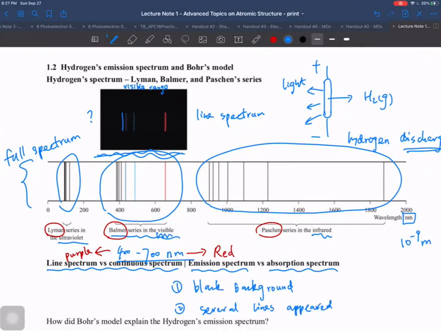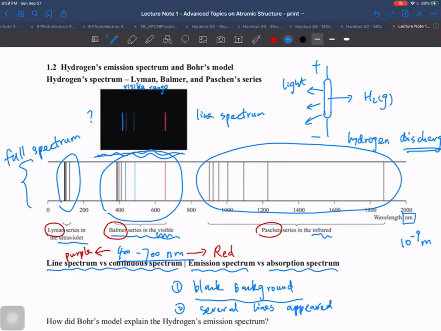Based on these two characteristics, I think we can easily conclude that the hydrogen spectrum is an emission spectrum, because a black background means no other background light, so it only has a few lines emitted, right?